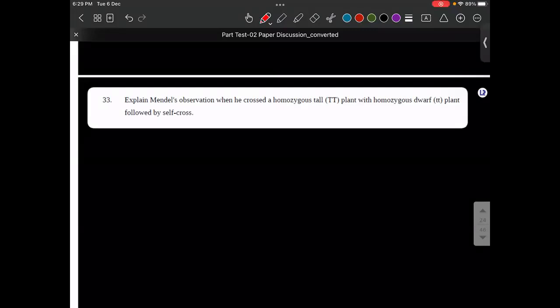And what was Mendel's observation? Sir, he observed that in one generation, all the plants were tall only. There were no dwarf plants.